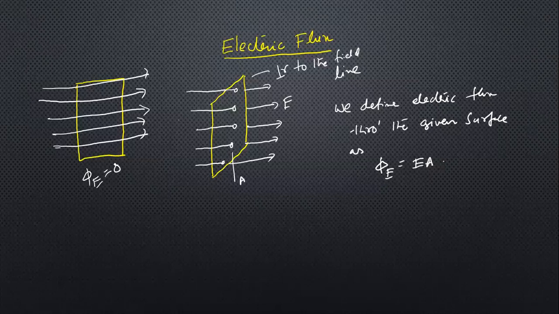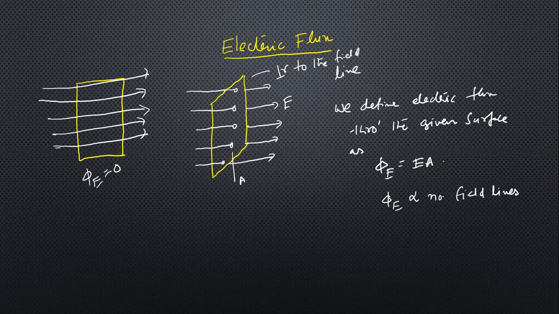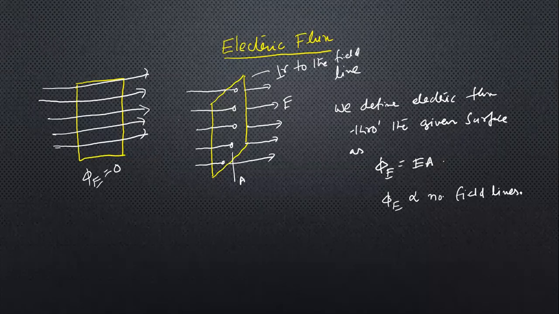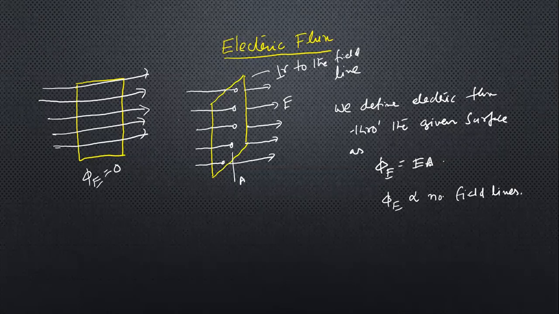Okay. But how do you connect the flux to the field lines? Phi E will be proportional to the number of field lines. Look, previously E equals number of field lines by area, we wrote.